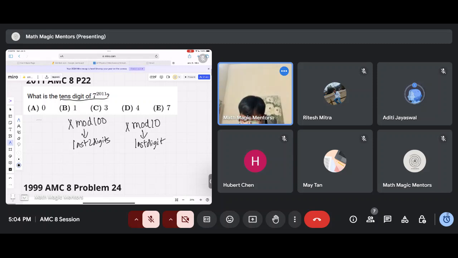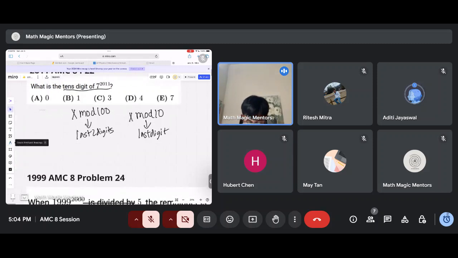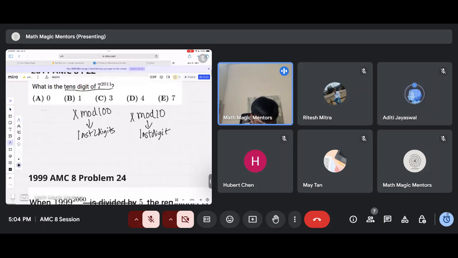So basically, we can translate this problem into mathematical terms: the problem is asking us to find 7 to the 2011 mod 100. And what's that equal to? Does anyone have any ideas on how we can start?